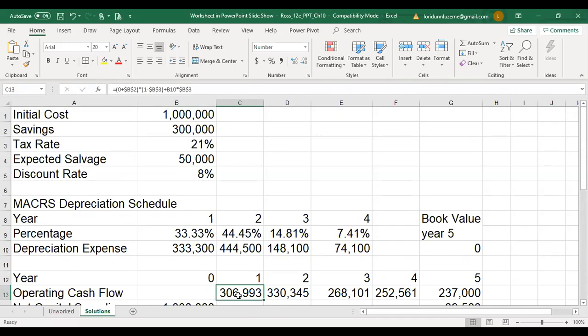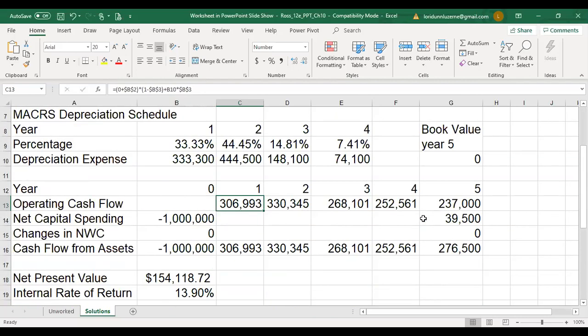I did it from the bottom up approach, down on the bottom. Then they added the tax savings from the depreciation. So you can see here, it says B10, which was your depreciation expense, times the tax rate in B3, 21%. So either way, it might be off $1 or $2. It's not a big deal. It's not going to impact your decision that greatly.